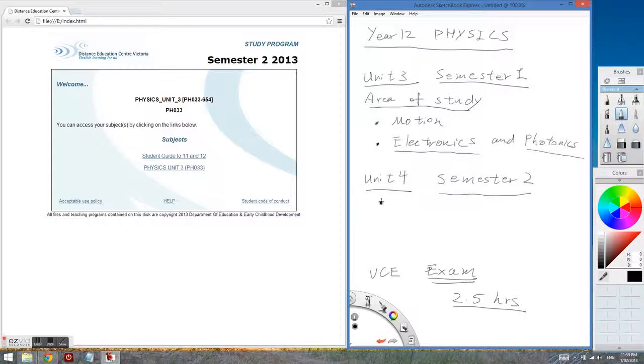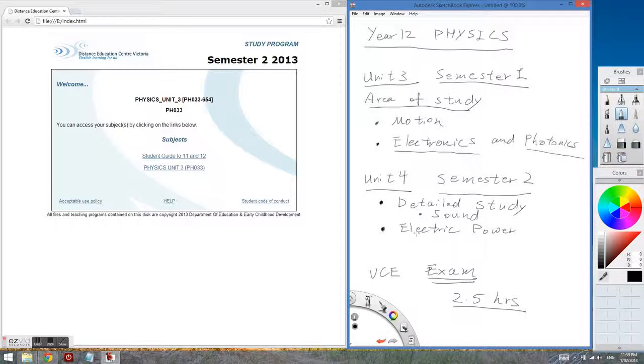Now in Semester 2, the first thing we do will be a detailed study. The topic is sound, for 2 weeks. Afterwards, we're going to do electrical power.